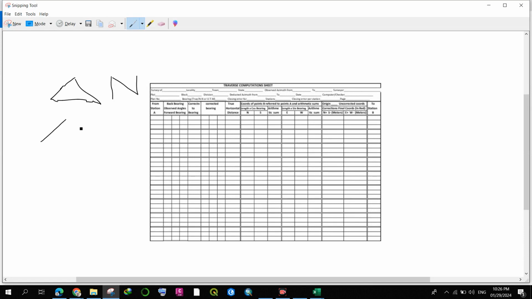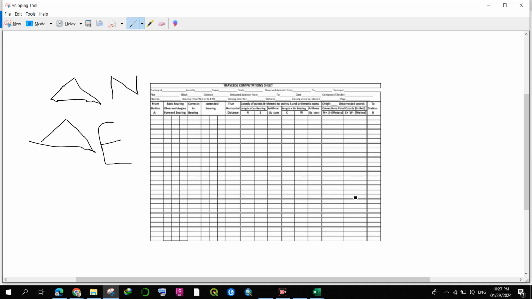So this is what we mean by latitude and departure. Triangle with E means you're changing eastern, and triangle with N means you're changing northerns. So you'll be asked to compute all these values pertaining to each point, and at the same time calculate the bearing and the distance of each line all together now.